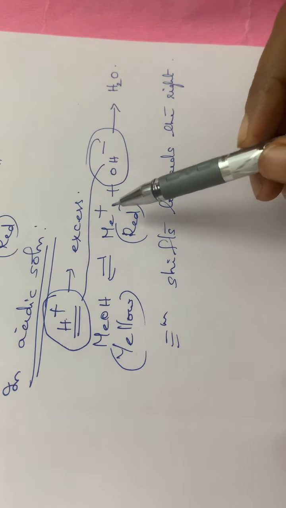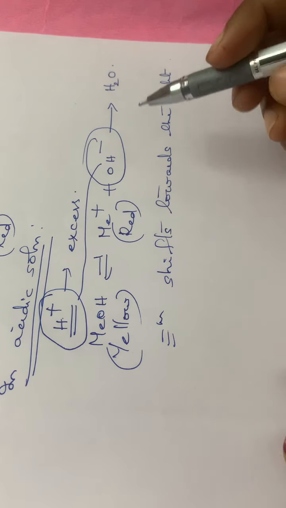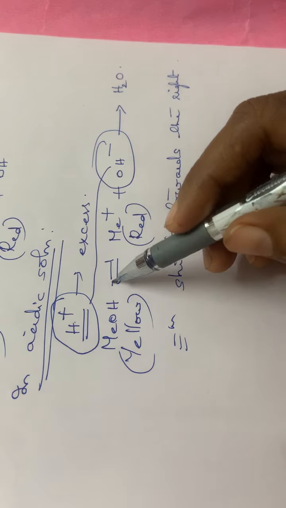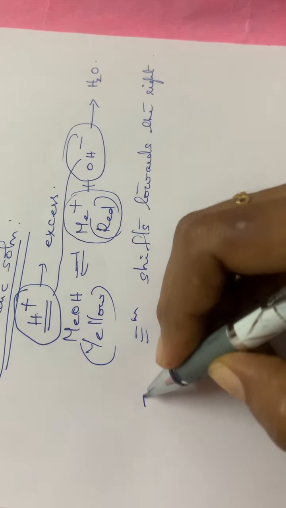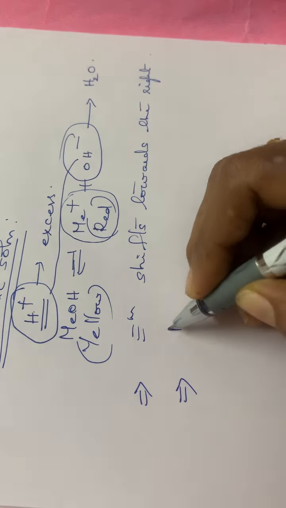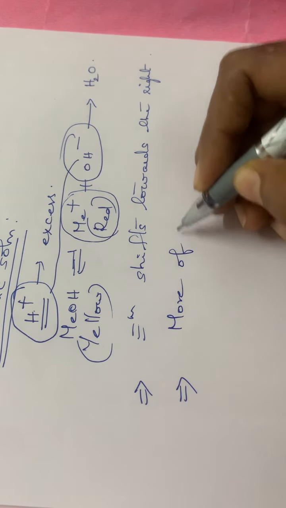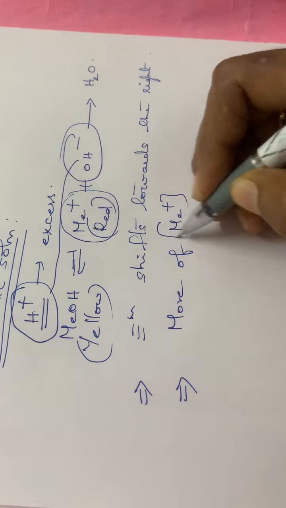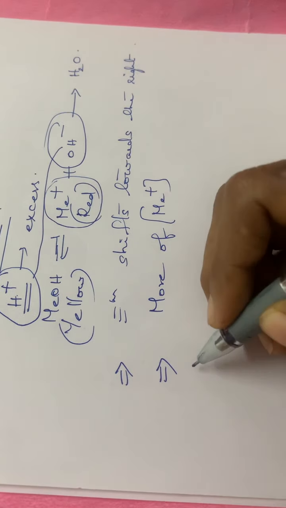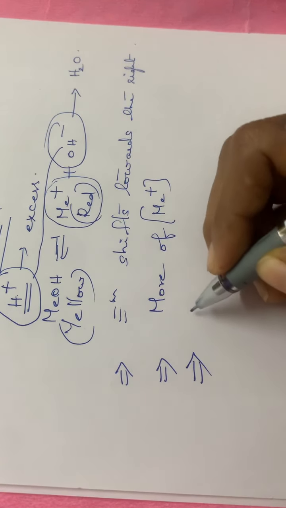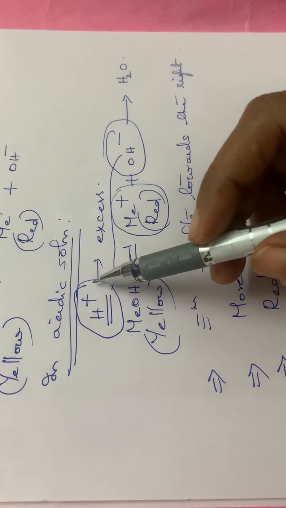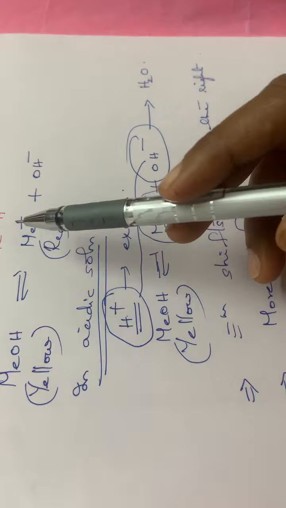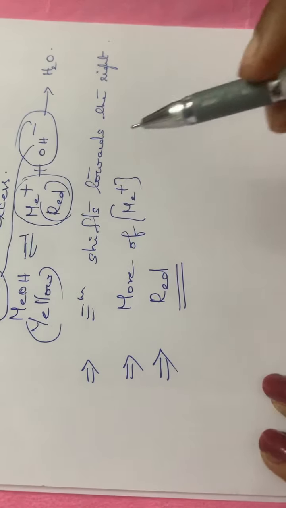That means the equilibrium shifts towards the right, so more of ionized Me plus ions will be there, isn't it? And what about the color of Me plus? The color of Me plus is red. And therefore, we can say that in acidic solution, methyl orange will be giving red color.